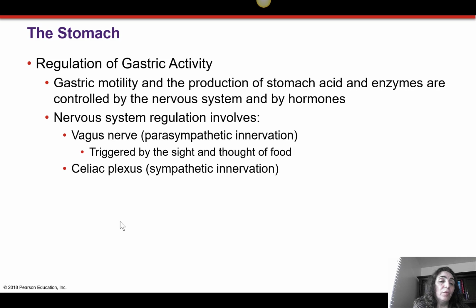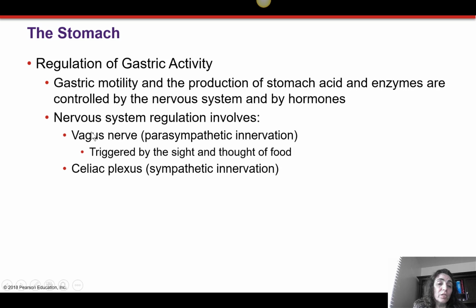Now, regarding the regulation of the gastric activity. Gastric motility means movement inside of the stomach, and there is also the production of stomach acid and enzymes. So in general, all the gastric secretions are controlled by the nervous system and by hormones. The effect the nervous system has over the movement and over the secretion is that the vagus nerves, which are part of the parasympathetic innervation, are triggered by the sight and thought of the food.